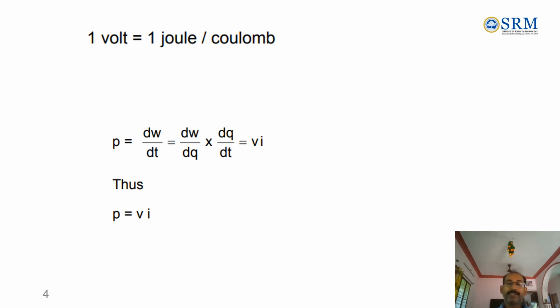This you can rewrite as dW by dQ into dQ by dt. dQ by dt we know is I. dW by dQ is nothing but volt, that is 1 volt is equal to 1 joule per coulomb. So thus we can write the DC power P as voltage into current.